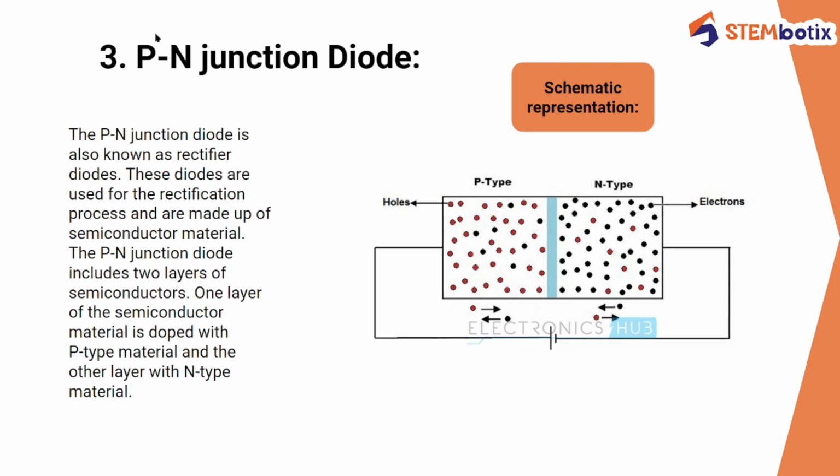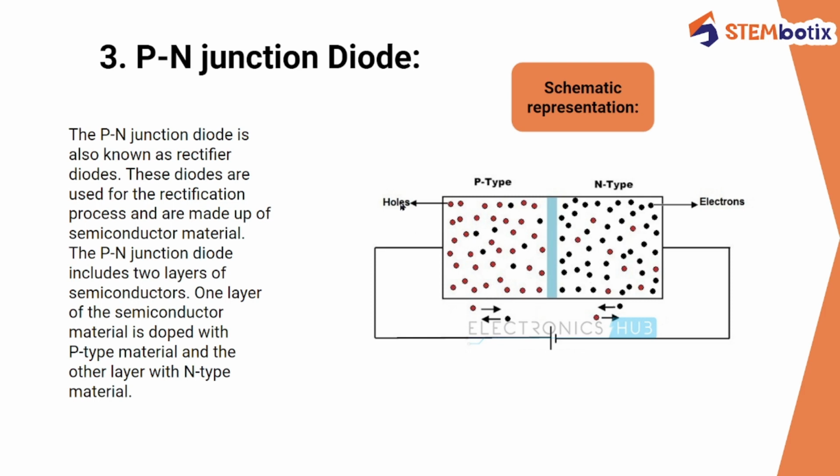In this material there would be a maximum number of holes, and in this material there will be free electrons in maximum number. So this is p type and this is n type.